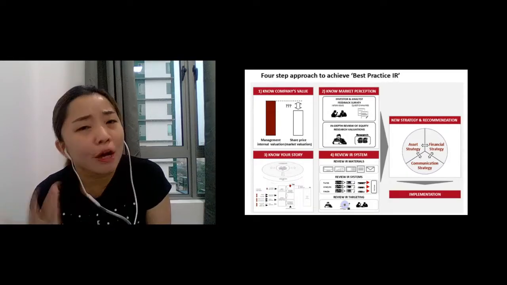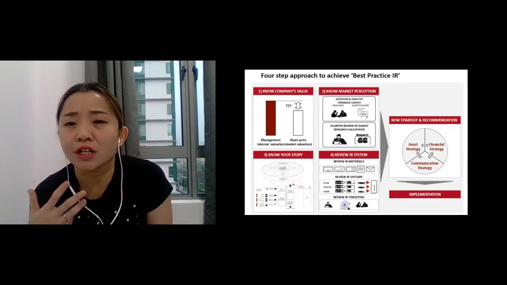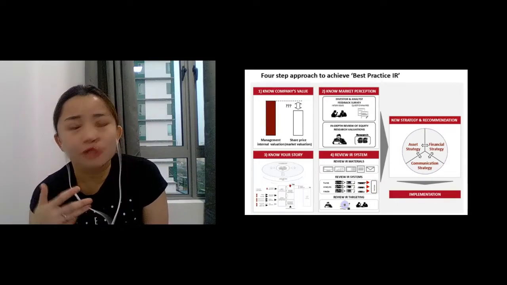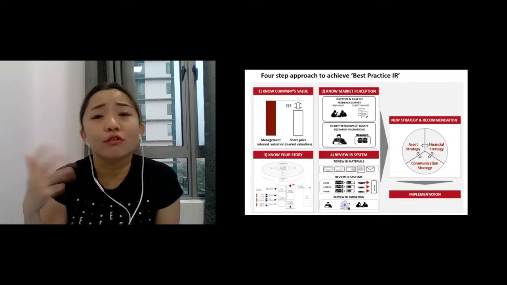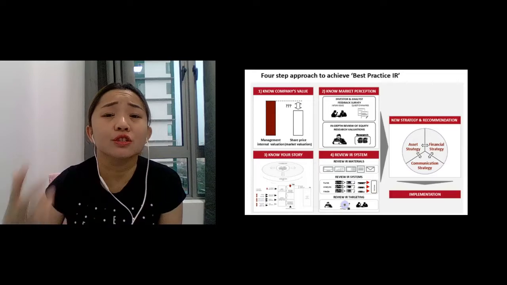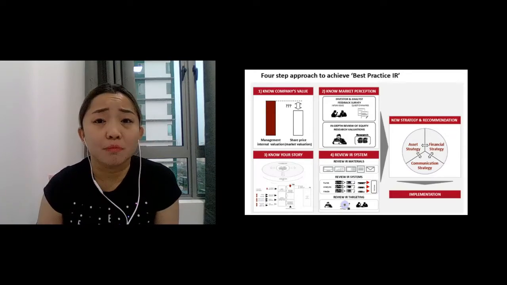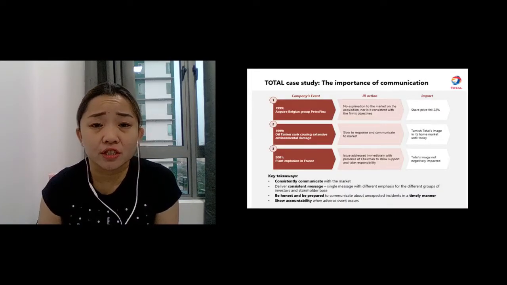Are you putting out your material on time? Are you putting it out well? Is it transparent? Is it active? Is it quick? You got to review all of this, and by constantly doing all of this, you achieve the best practice kind of investor relations.